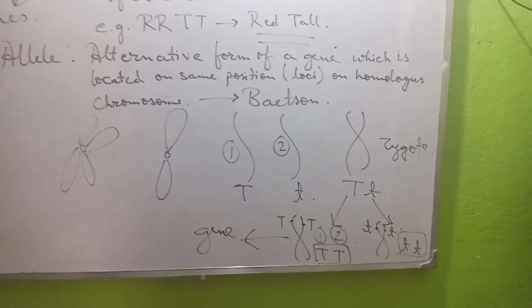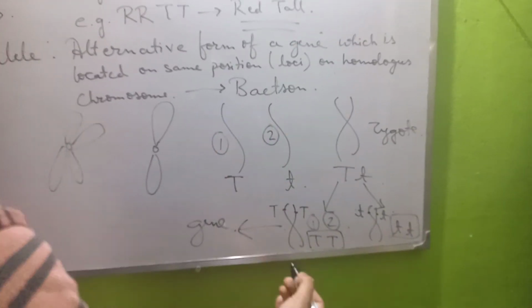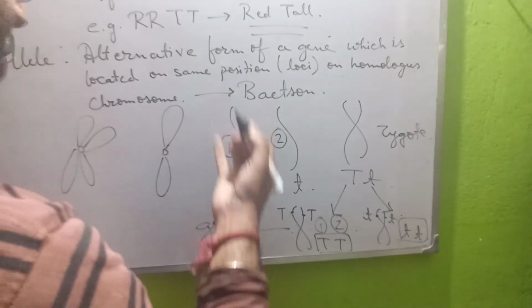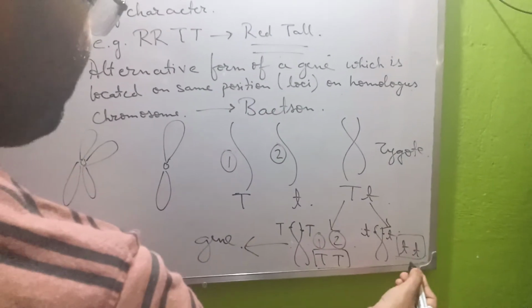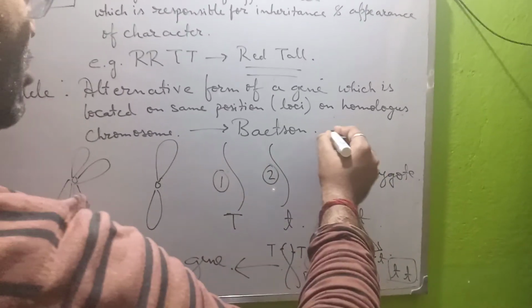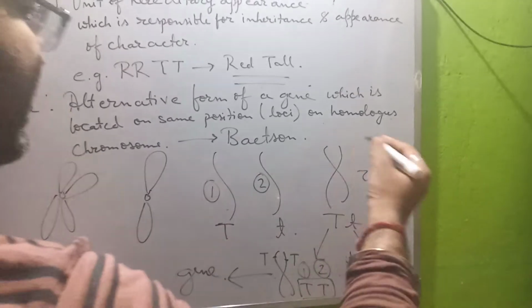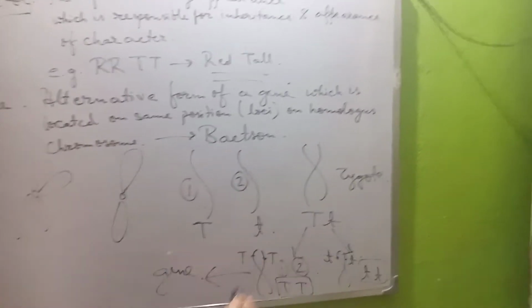So always remember, a gene consists of two alleles. One is inherited from the father and the other one is inherited from the mother. This is what we call a zygote, the combination of the two genes which we are getting from the parents.